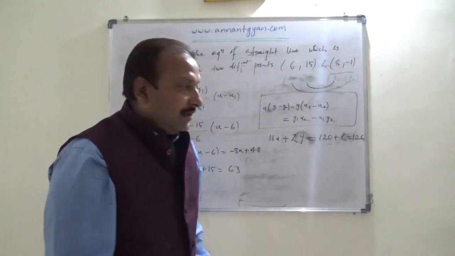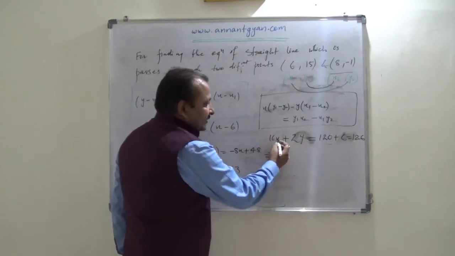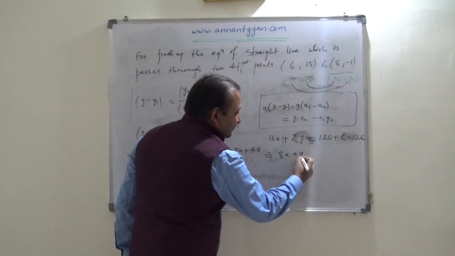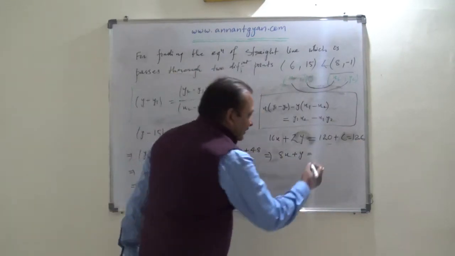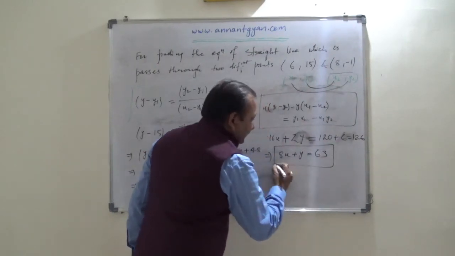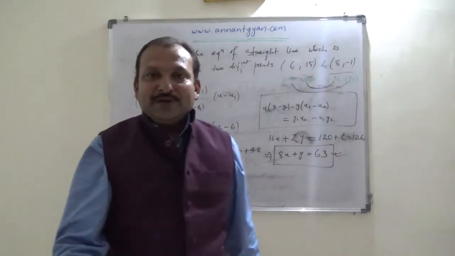Divide by 2 on both sides of this equation. 16 becomes 8x and 2y becomes y, that is equal to 126 divided by 2, that is 63. So finally we get the equation of that straight line which passes through two different points.